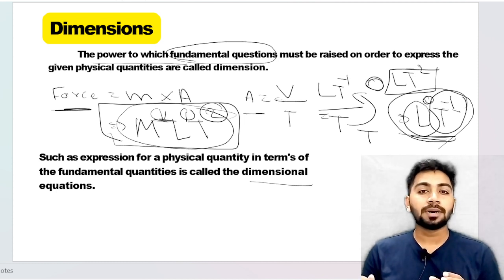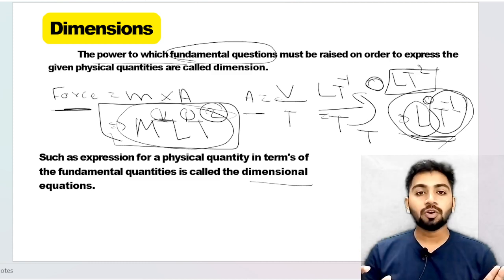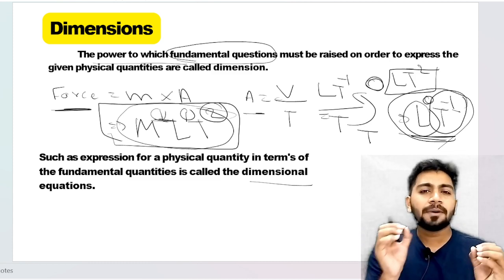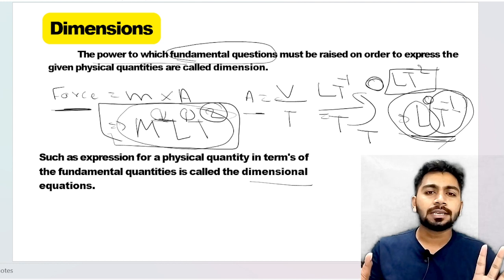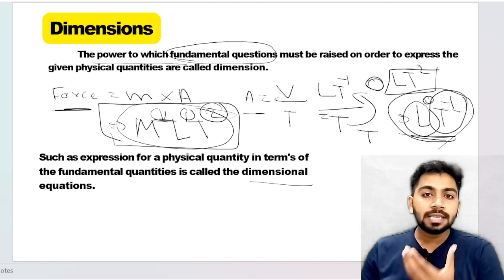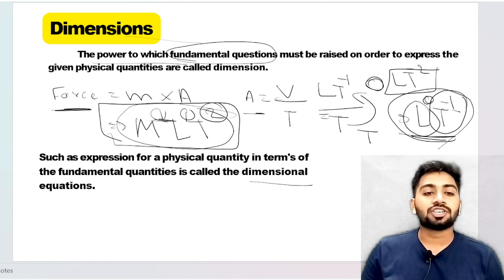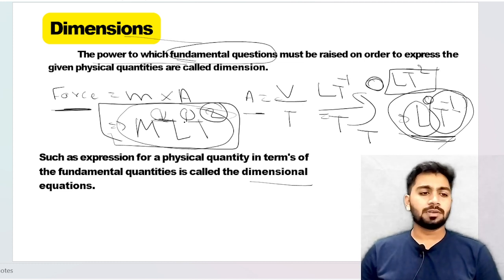Dimension means just simple: we are raising fundamental quantities to some power. In the universe everything is made up of those 7 fundamental quantities. If you know those 7 fundamental quantities, that's enough. By using them raised to powers, we are writing dimensions. So simple a concept.